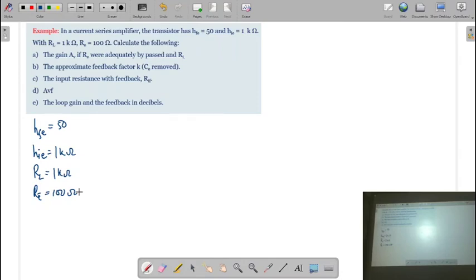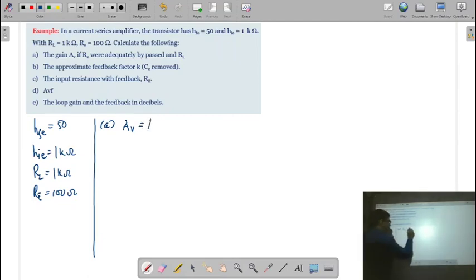The gain AV, if RE were adequately bypassed, and the RL. Okay? Means you have to find out the gain of the amplifier without feedback. Correct? And what is the formula for this? Gain of the amplifier AV is AI into RL divided by RI, and we can write this as HFE into RL divided by HIE.